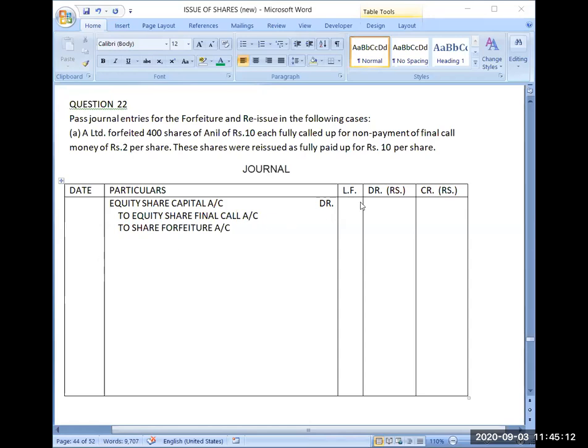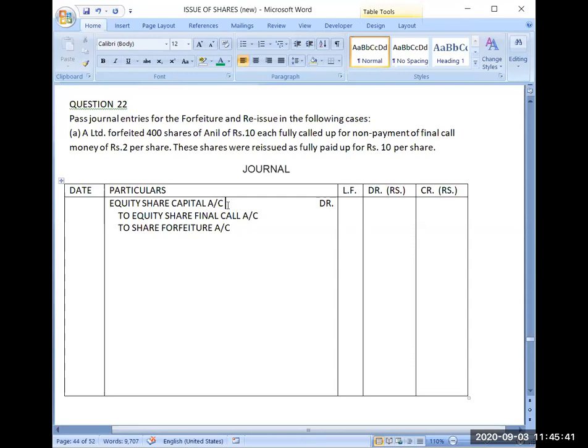Okay. Now coming to the amount section. First we will write the per share amount so that you will be able to understand the amount. So what is the called up capital per share? Yes, per share I am asking.